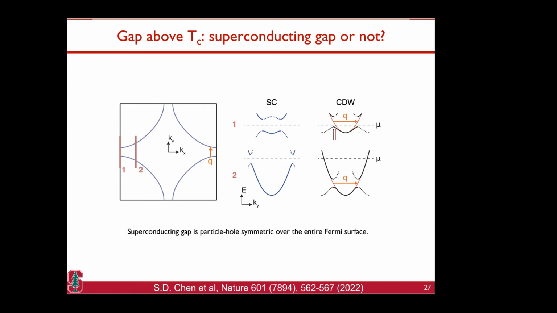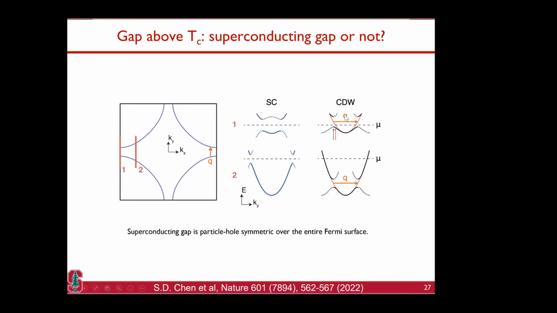Let me say that a comparison between a superconducting gap and, for example, a CDW shows that a superconducting gap happens at KF. If we make a cut of data in momentum space, you have a situation like this.